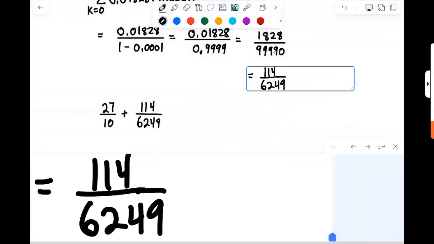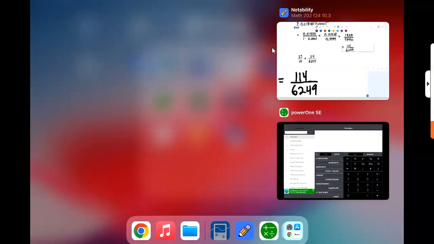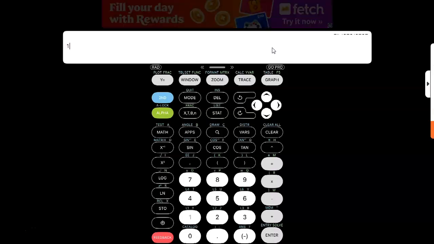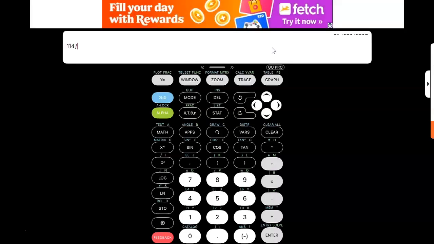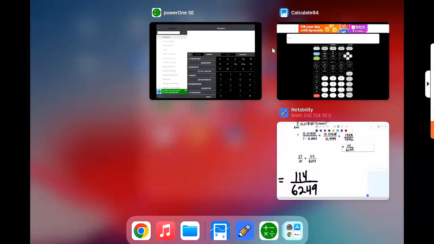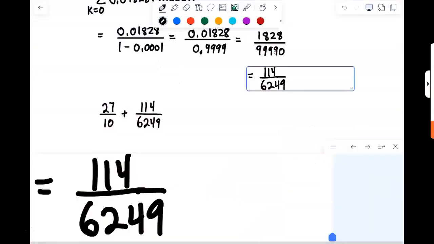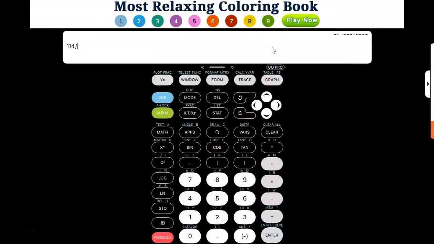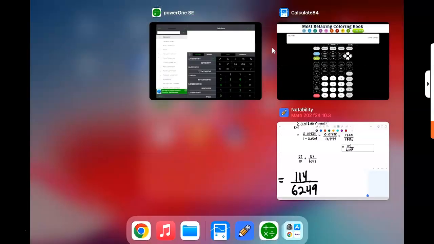That is not 114 over 6249. In fact, if I check on my other calculator, 114 divided by that result, 6249, is 1824. Yuck, calculator.